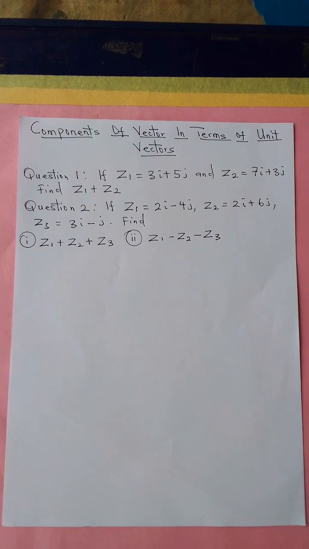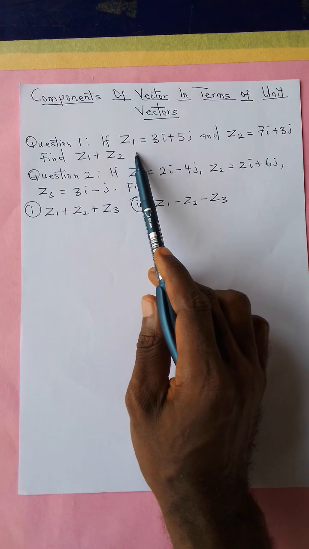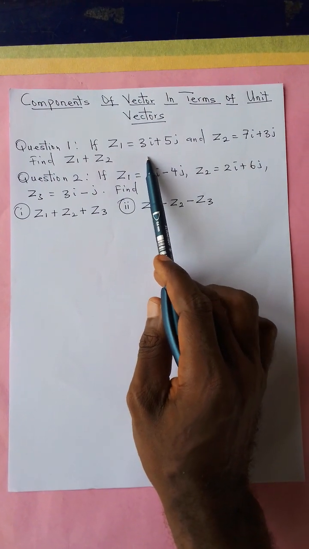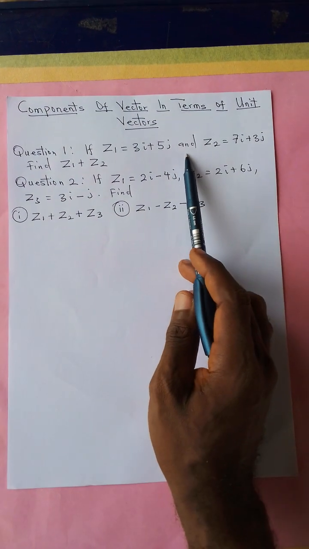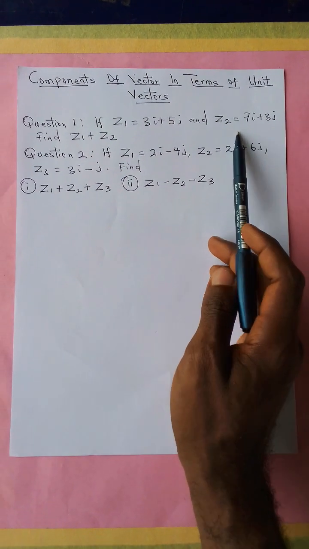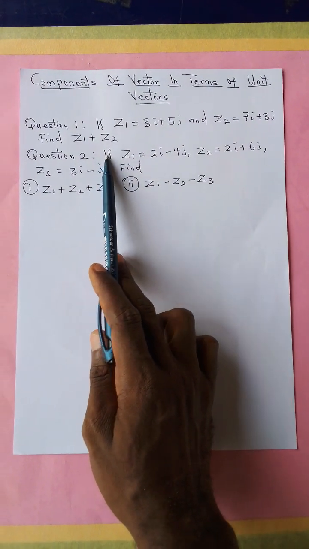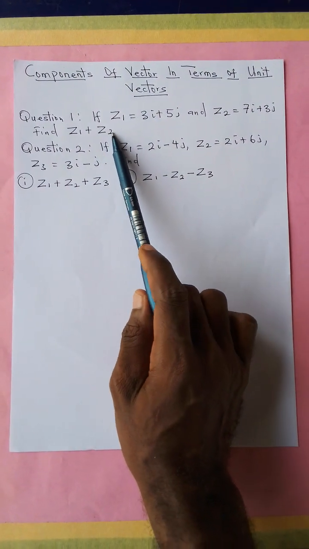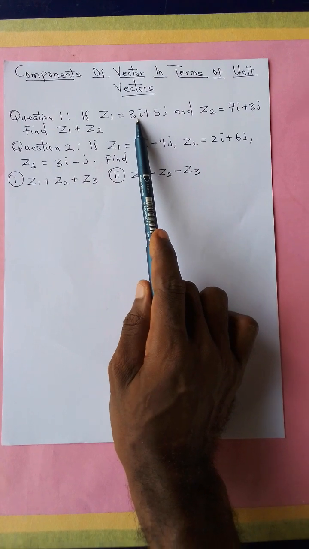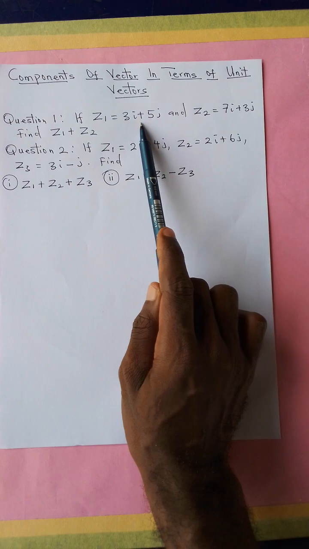Question 1 says that if Z1 is equal to 3i plus 5j and Z2 is equal to 7i plus 3j, find Z1 plus Z2. So now in this question number 1, we have i and j. These i and j are the two unit vectors.